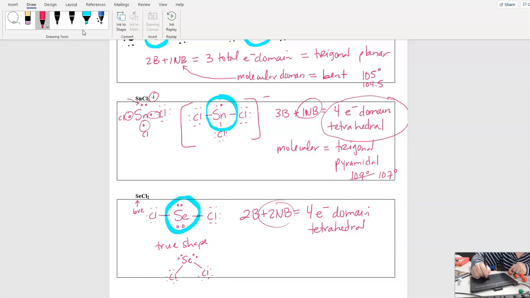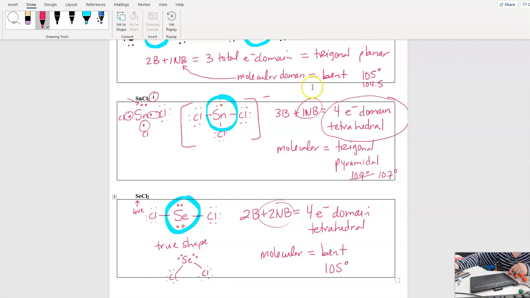So it can't be trigonal planar, because trigonal means 3 bonds, and I don't have 3 bonds, I have 2. So now the molecular name, look at it, it looks just like water. It's called bent. And that bent name has an angle of 105. So notice from here to here, every time you take a bond off, it changes by about 2 degrees.